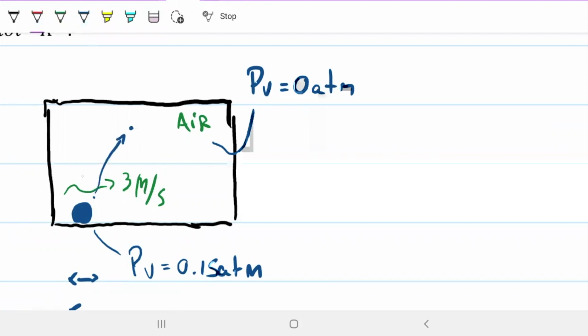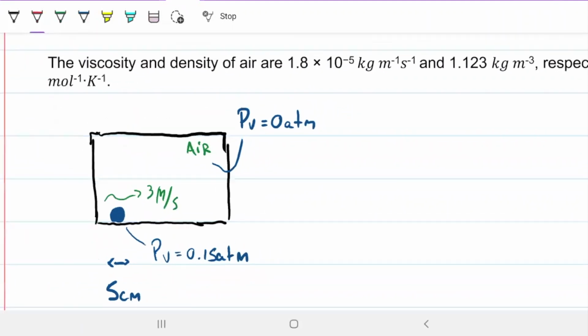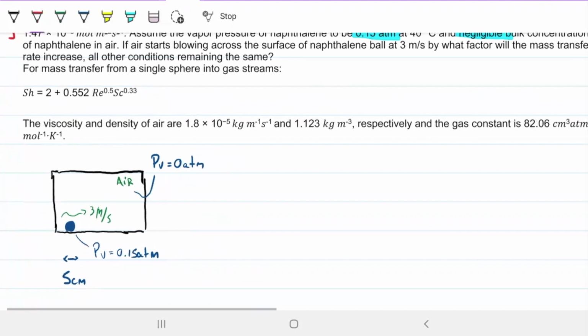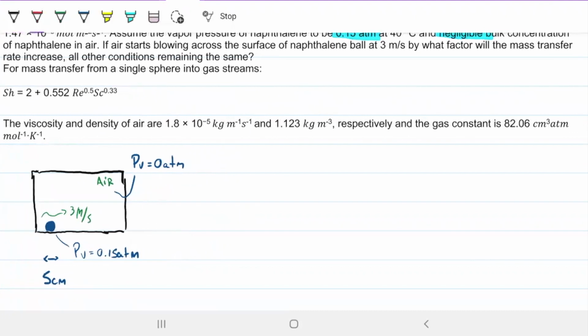So we go from a free convection situation into a forced convection situation. And the question is, how much more efficient is the forced situation at transferring mass?